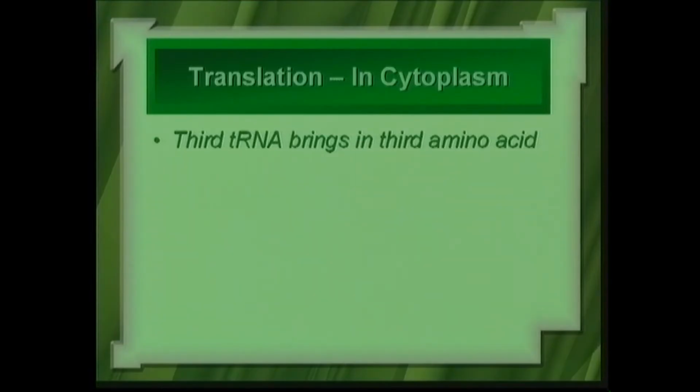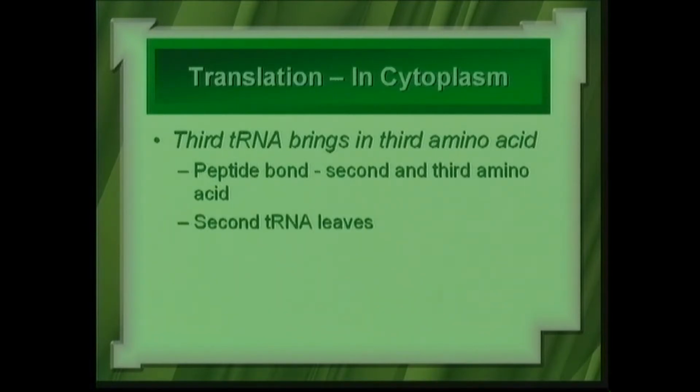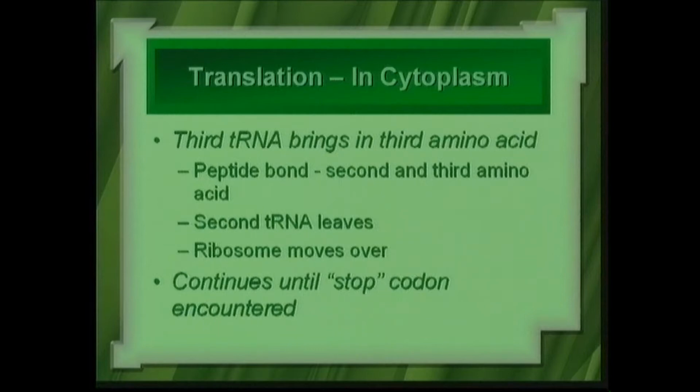The third tRNA brings in the third amino acid, with a peptide bond between the second and third amino acid. The second tRNA leaves, and this happens over and over from 50 to 500 times or more, until finally the codon that signals the cell to stop is encountered. Then the whole complex comes apart, and everybody goes on about their business.